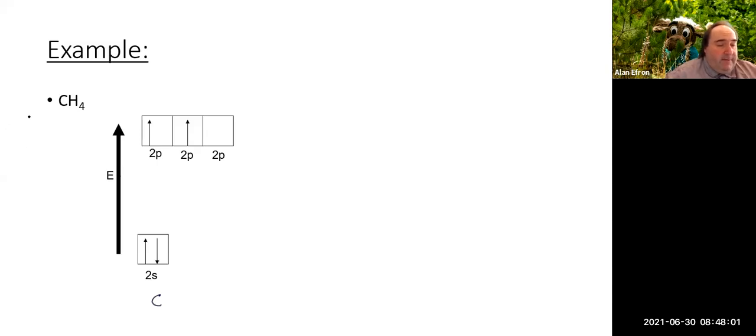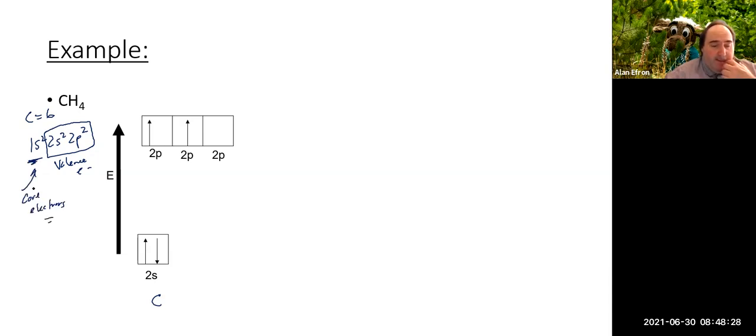Carbon is number 6, so 1s2, 2s2, 2p2. Here are carbon's 4 valence electrons, and you can see 4 arrows to represent those 4 valence electrons. Again, much like the other ones we looked at, the core electrons are still there, but they are not shown in this diagram as they're not involved in bonding.